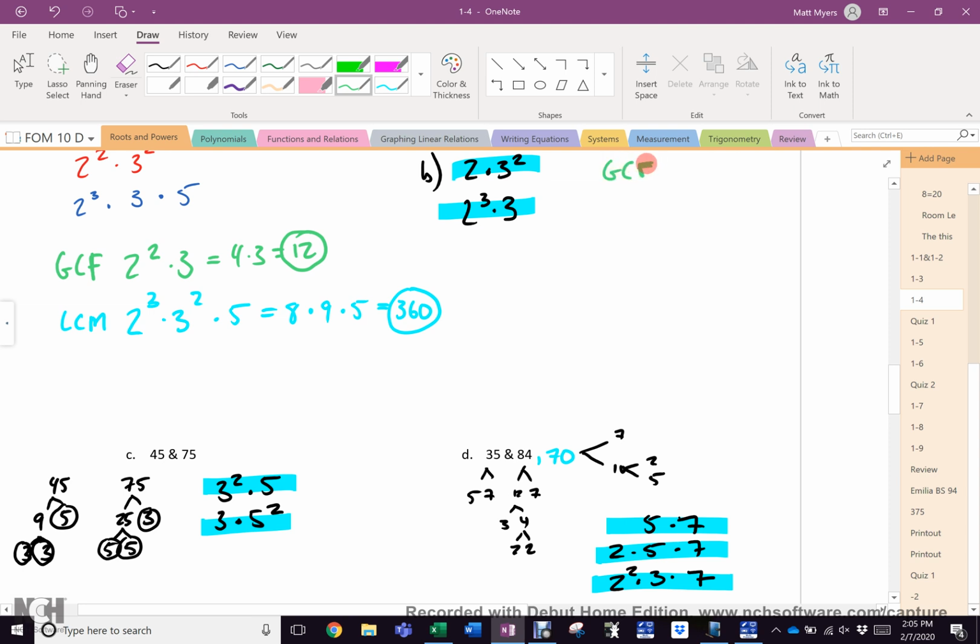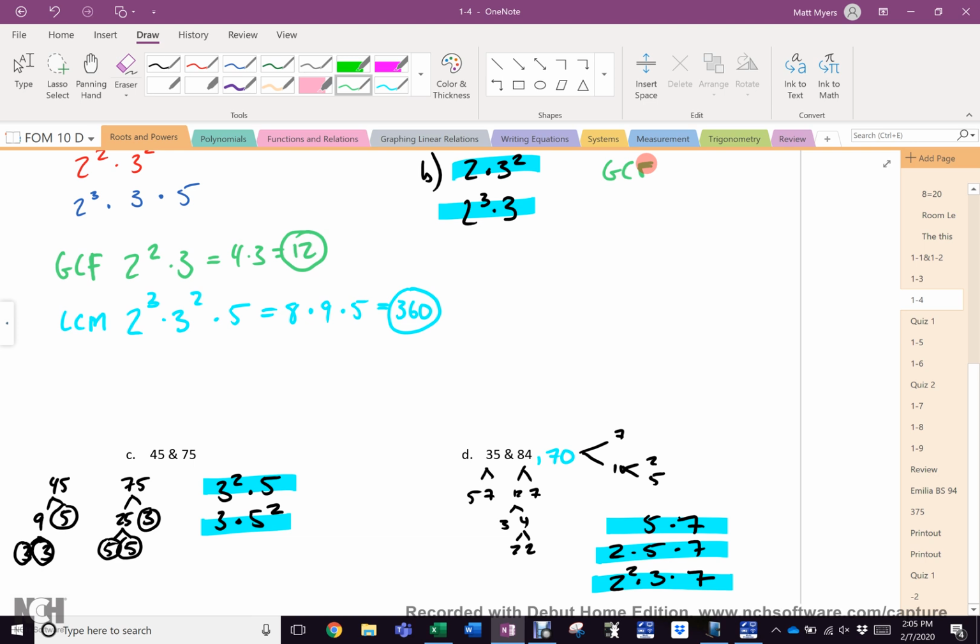GCF. Are factors bigger or smaller than the numbers you are working with? Smaller. Because factors build up. Everybody understands that, yes? 2 times 3 are factors of 6. Because they are smaller, they multiply together to make 6.